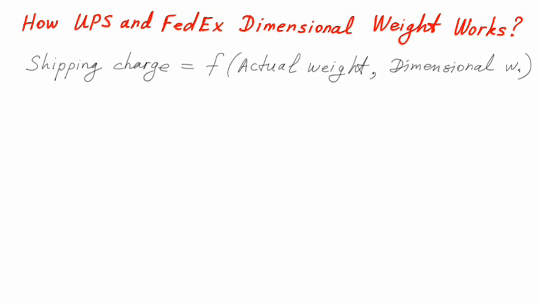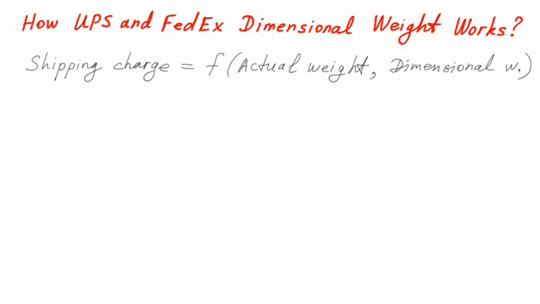Let's assume that shipping charge would be only a function of actual weight. In this case, let's say FedEx wants to parallelize the work of UPS. FedEx would just take many large empty boxes and ship them by UPS 3-day select from all different UPS locations.